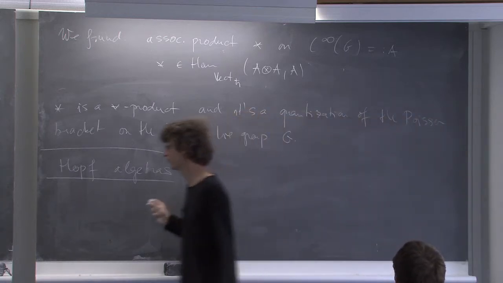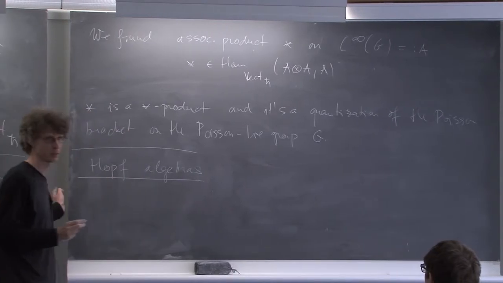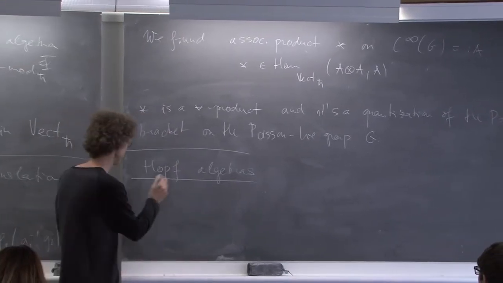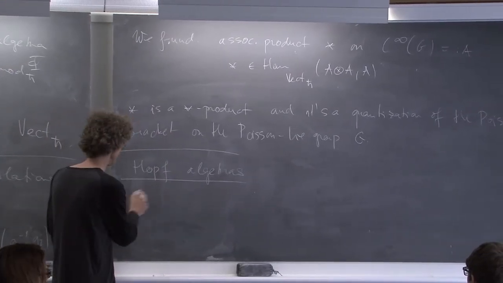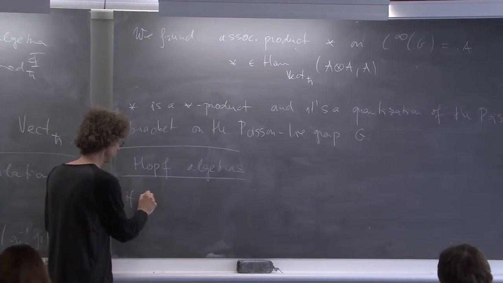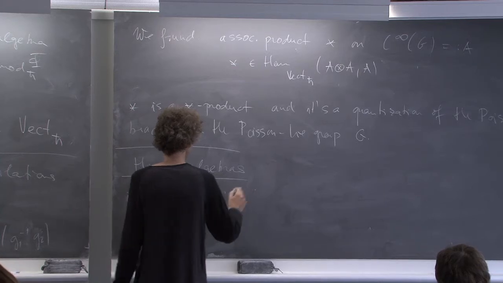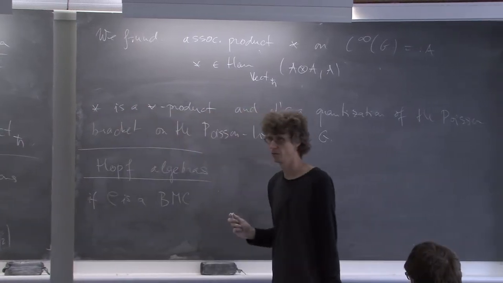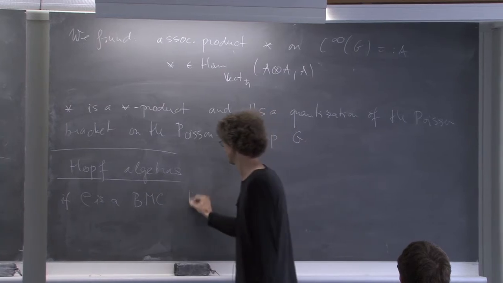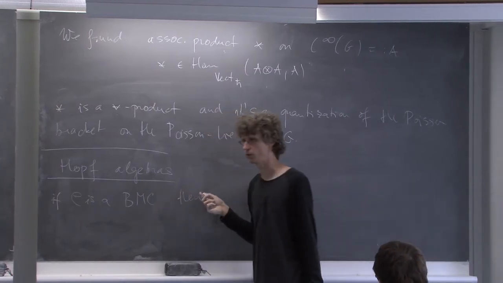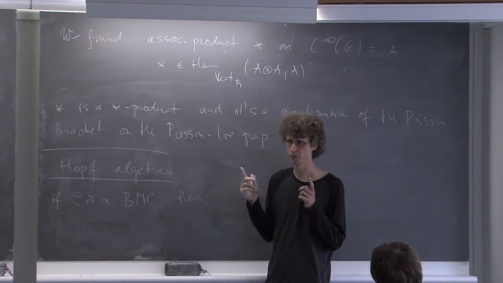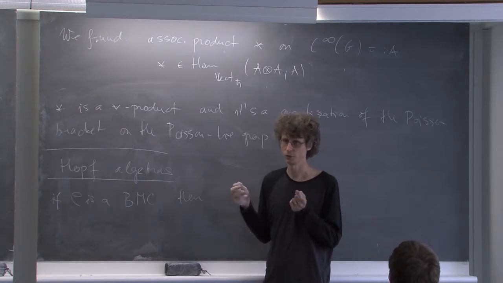So what is that thing? In principle, that's something which might happen in any braided monoidal category. So say, first of all, C is a braided monoidal category. We saw that when you have two algebras, then their tensor product is again an algebra. Or when you have two coalgebras, then their tensor product is again a coalgebra.